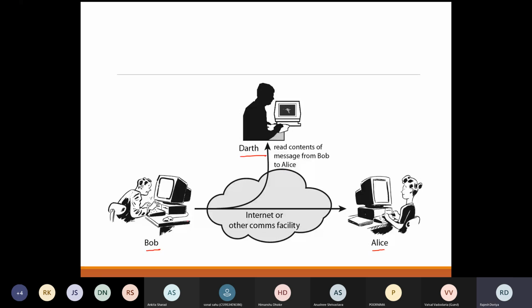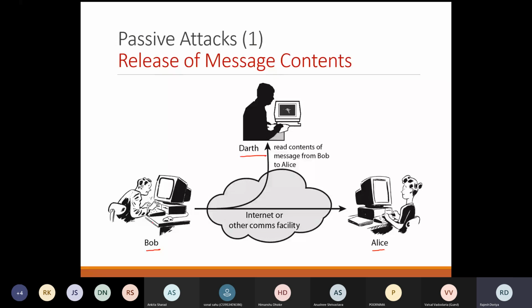Without your consent, Darth is reading your message. This is also a violation of security. This is the first type of passive attack, release of message content, where an unauthorized person is reading or intercepting the data of the communication. This is termed a release of message content. Fine.